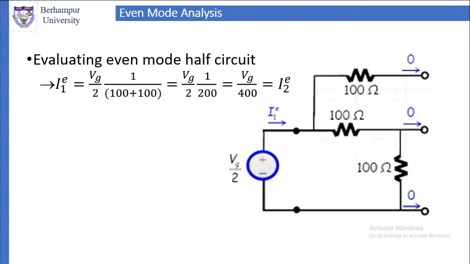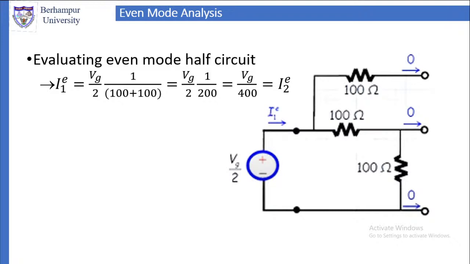Now if I look from port 2, I will see exactly the same circuit. Therefore the current coming from port 2 in the even mode, I2E, will be the same as Vg by 400. So we have I1E equal to I2E equal to Vg by 400.